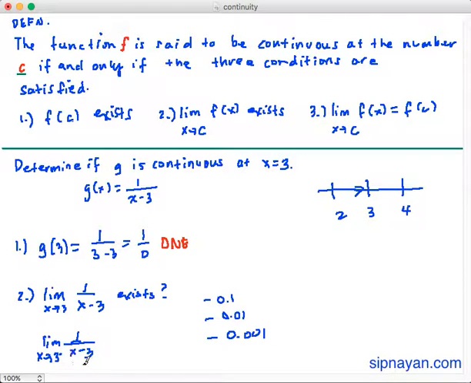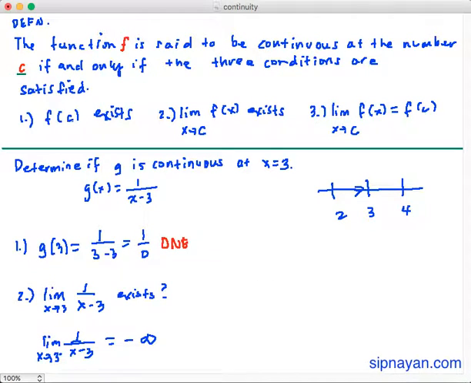Ibig sabihin, negative itong buong number na ito. And pag dinivide natin yung 1 divided by negative 0.1, magkakaroon tayo ng negative 10, tapos negative 100, negative 1,000. So, it's increasingly negative yung magiging quotient nito. Kaya siya magiging negative infinity.